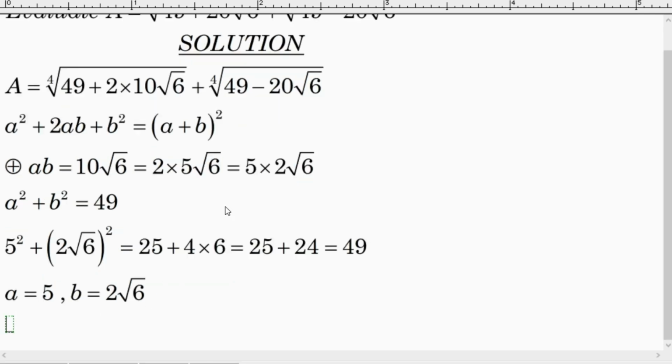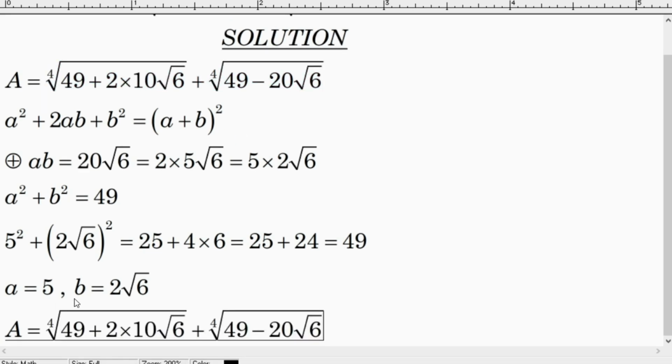Now we can tell that this number can be written in the form of a square plus 2ab plus b square, where a equal to 5 and b equal to 2 square root of 6.